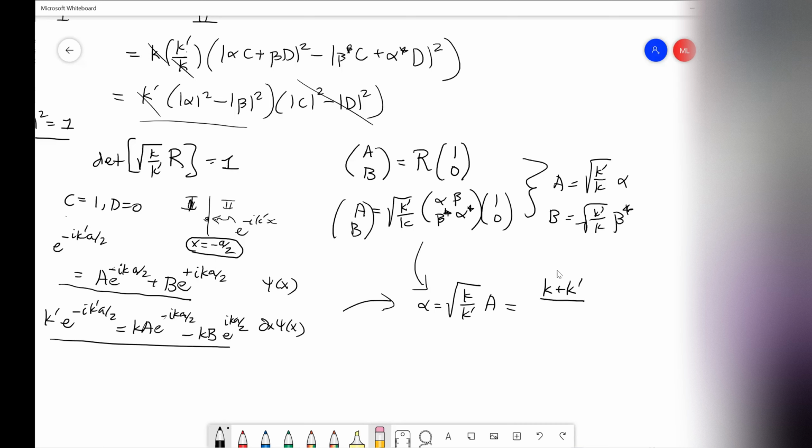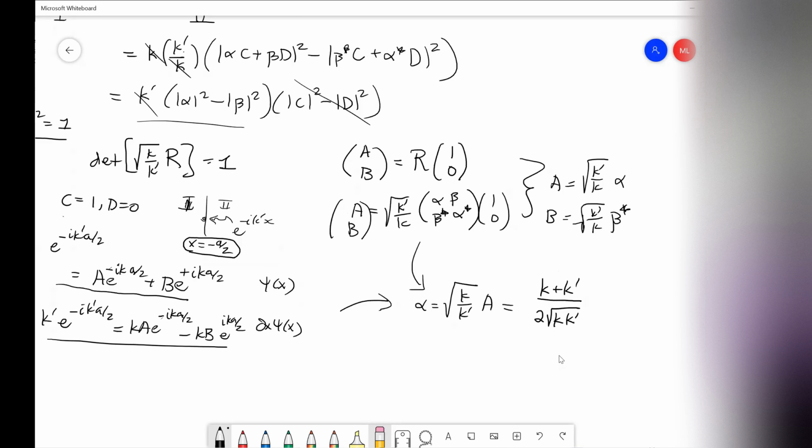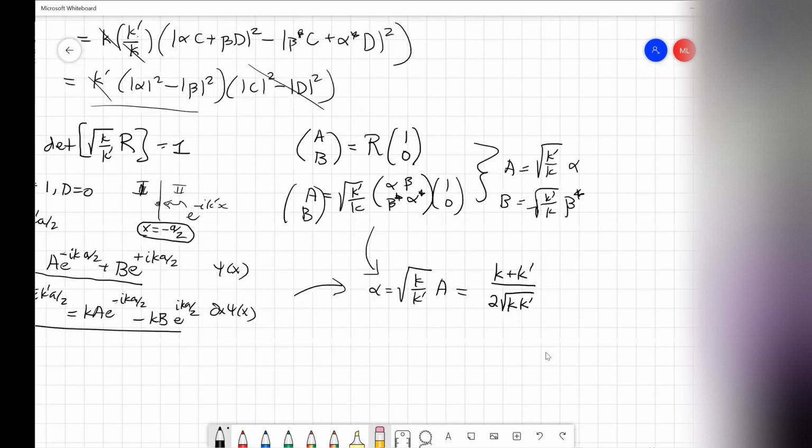You'll be practicing solving these kinds of algebraic equations on homework. I just don't want to do the algebra on this. You could stick it in Mathematica, give it these two equations, two unknowns. They're linear equations. It's just solving this one for A, substituting in, and solving for B, and so on.